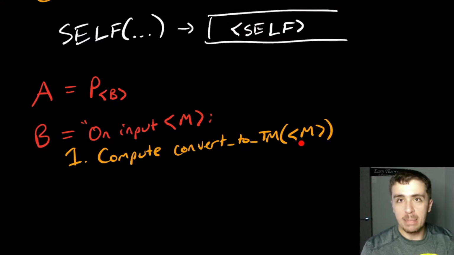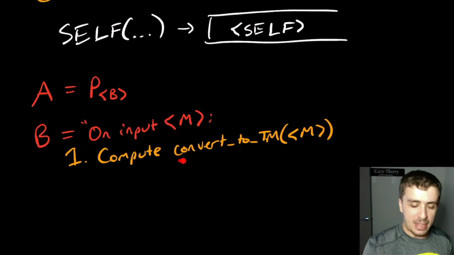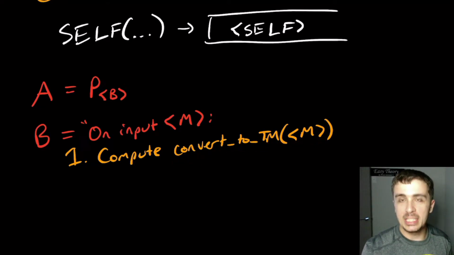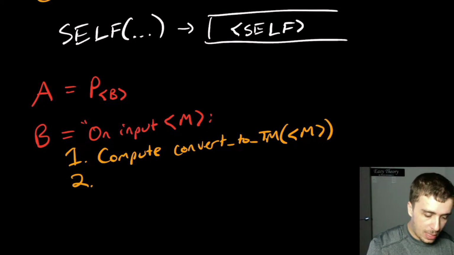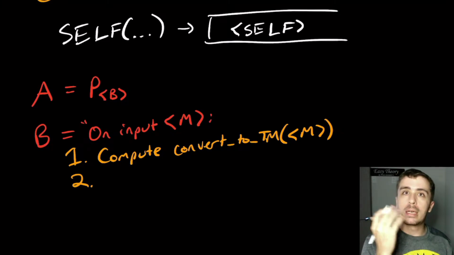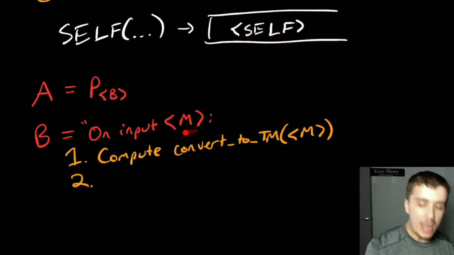That's definitely possible, and in fact, it will be the case. But we're going to rely on the fact that we can actually convert this thing into a machine that prints this itself.